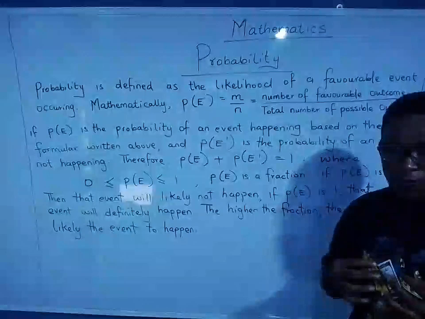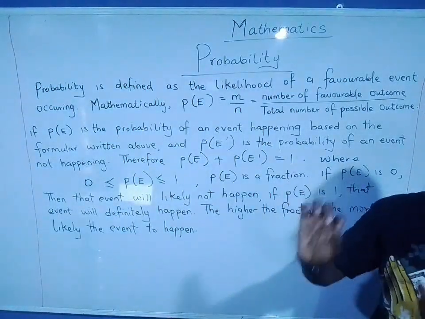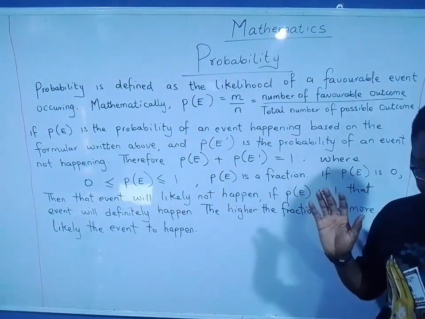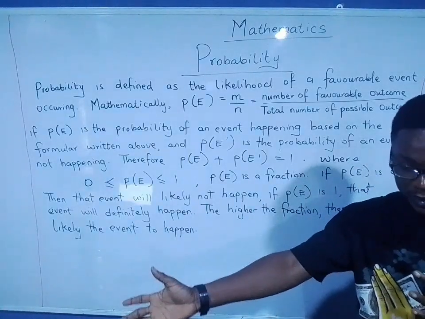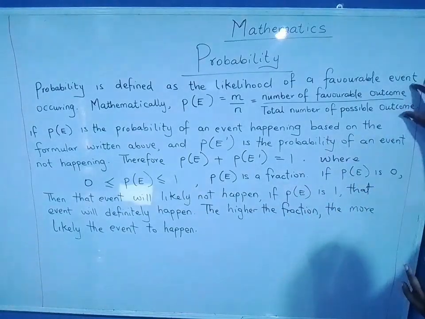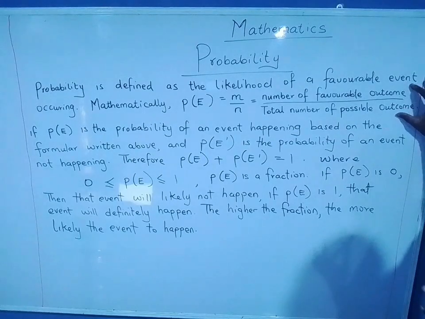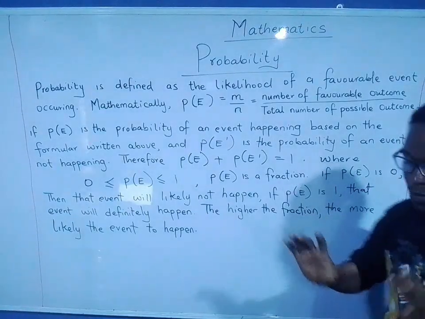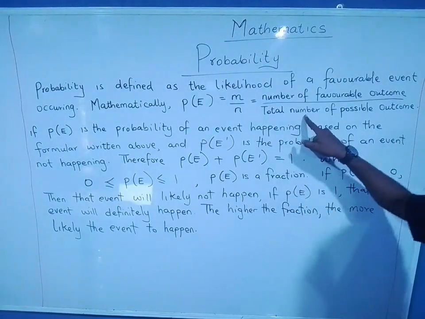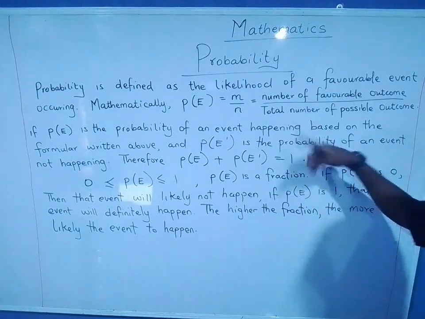So the probability of me picking a girl is just 2 over 7. What's the probability of picking a boy? 5 over 7, because there are 5 boys. This is the general formula of probability. We'll be using this a lot. In any form of probability, anyhow the question comes, this is the formula you're going to use. Is that okay?